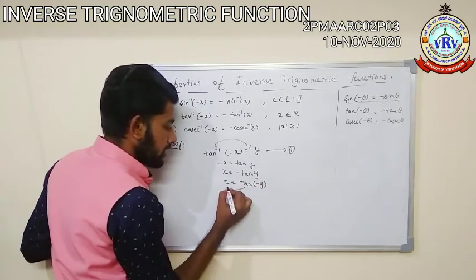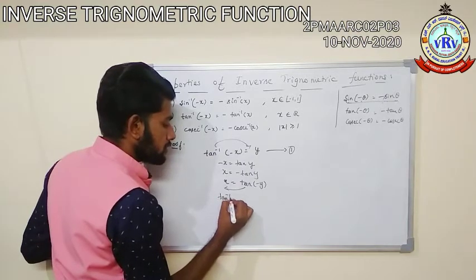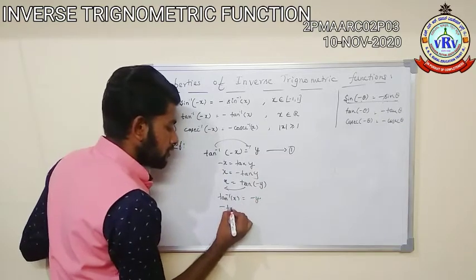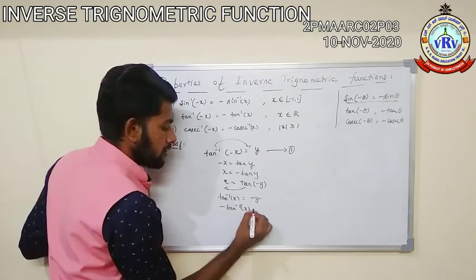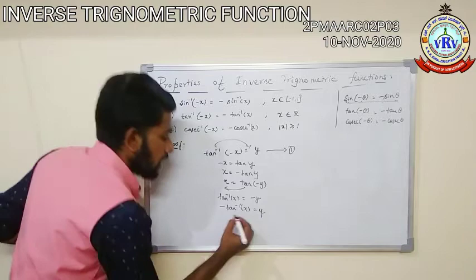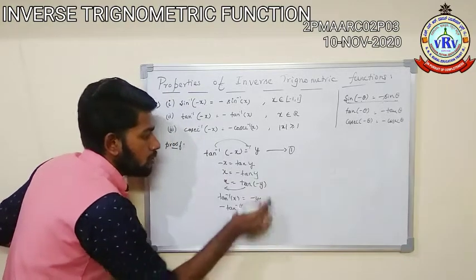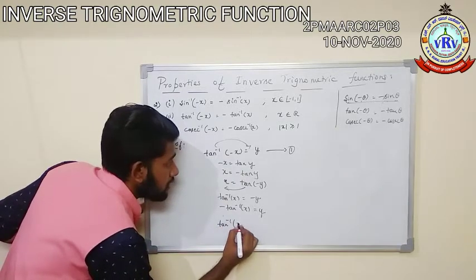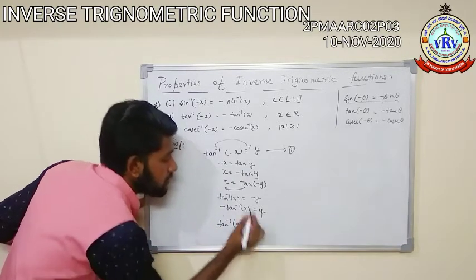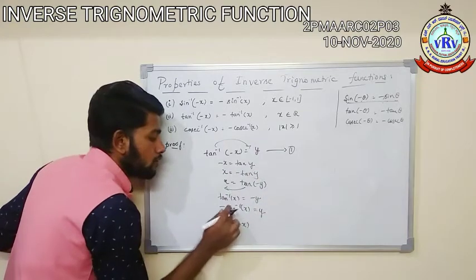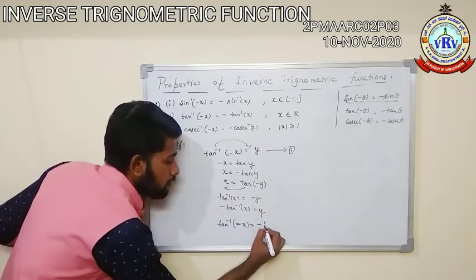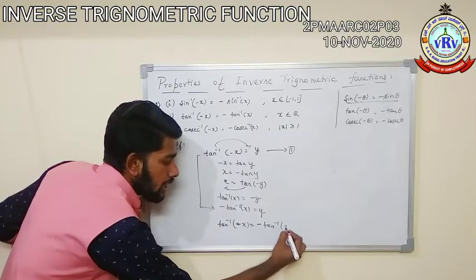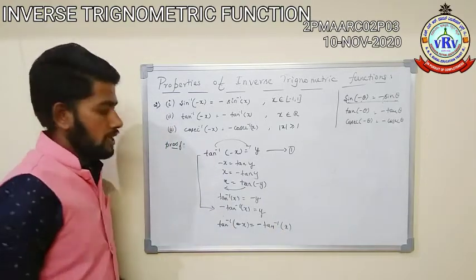Then applying tan inverse on both sides, it will be like this. I am shifting the negative sign to the other side. From these two, the right hand sides are the same, so the left hand sides are also the same. Tan inverse of minus x is equal to y, and y is equal to minus tan inverse of x. Therefore, tan inverse of minus x is equal to minus of tan inverse of x.